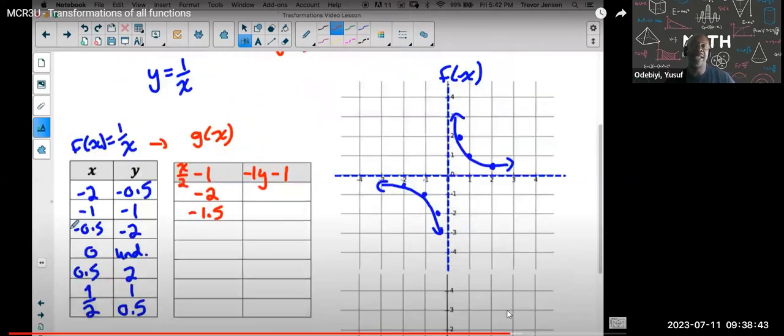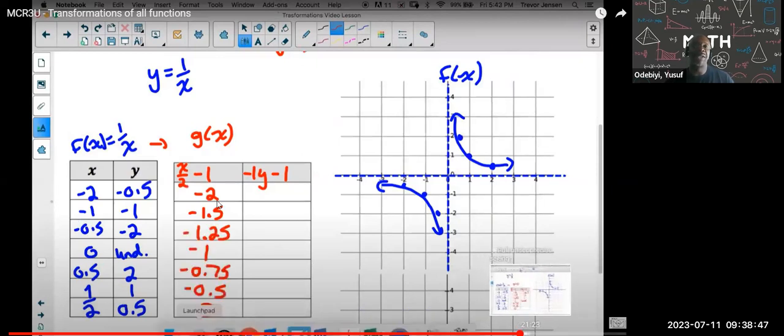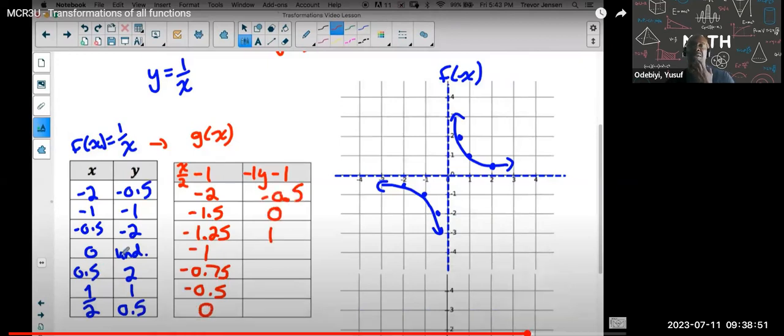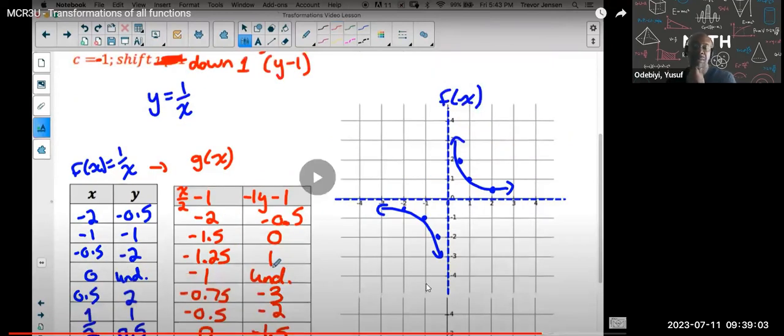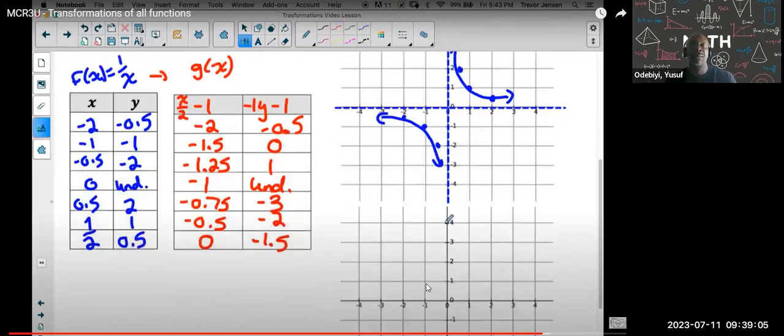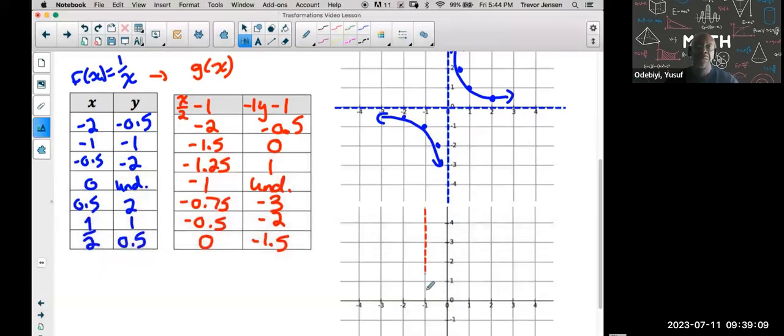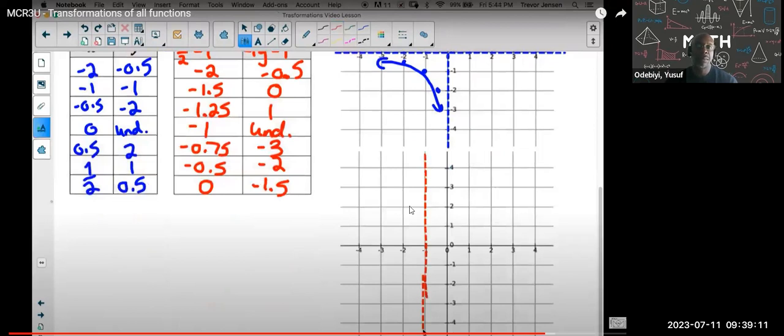So he applies all that, and then we get our answers for the x's, and we're going to have our answers for the y's. Now you can plot the new graph of the transformation. So our vertical asymptote, instead of being through x equals 0, is going to be through x equals -1.